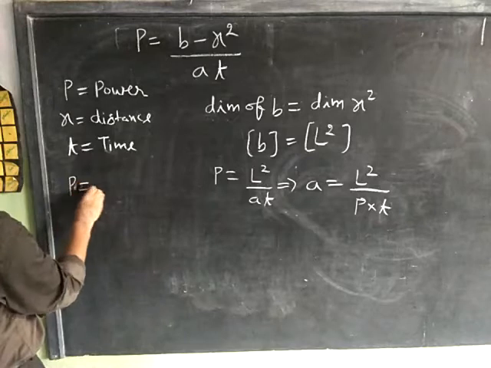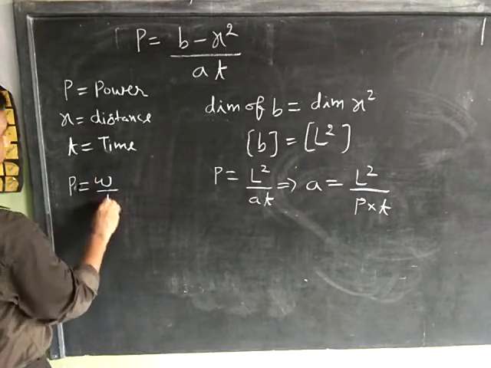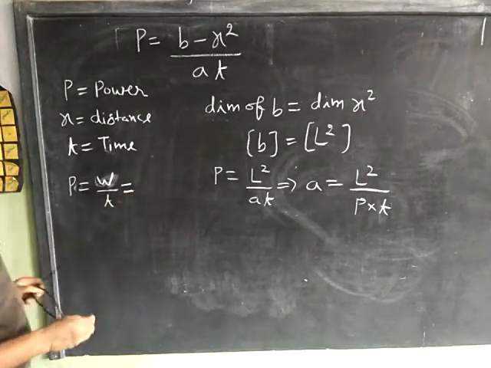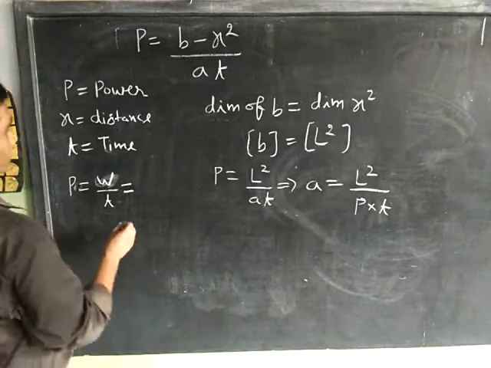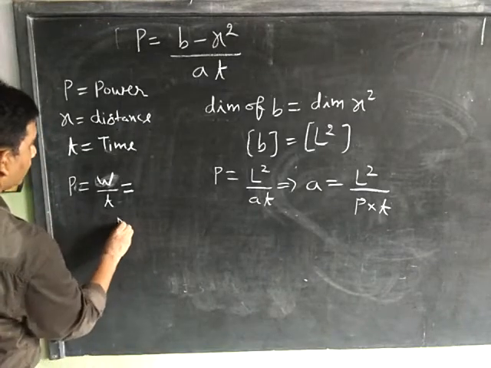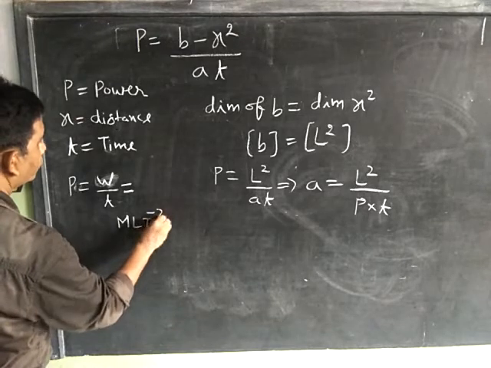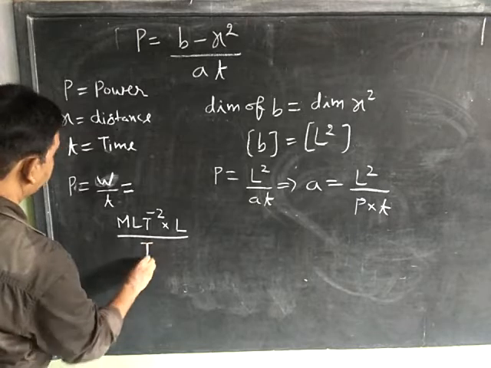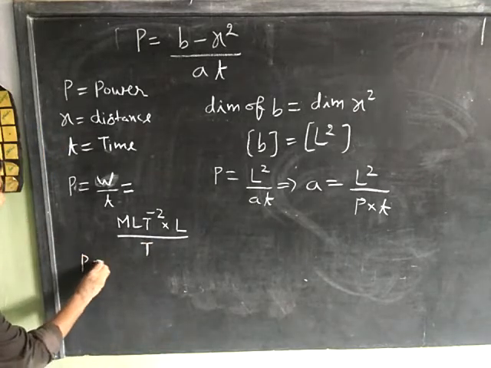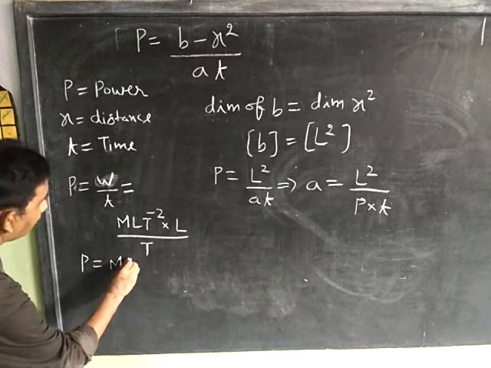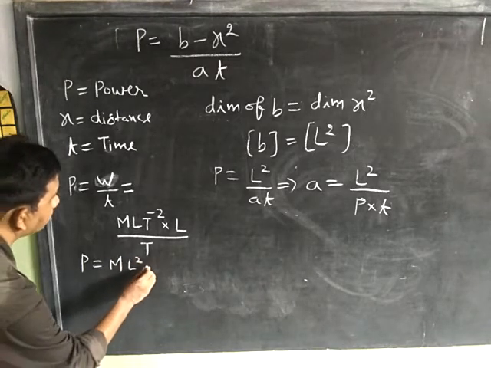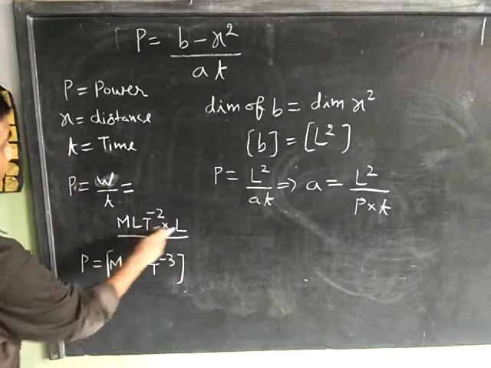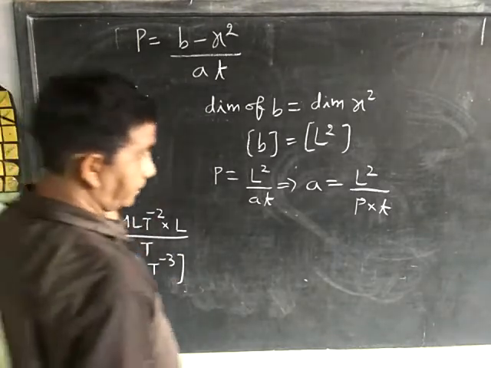Power is equal to work upon time. Work is equal to force into displacement. That is force M L T power minus 2 and displacement L upon T. Thus dimension of power is M L square T power minus 3.